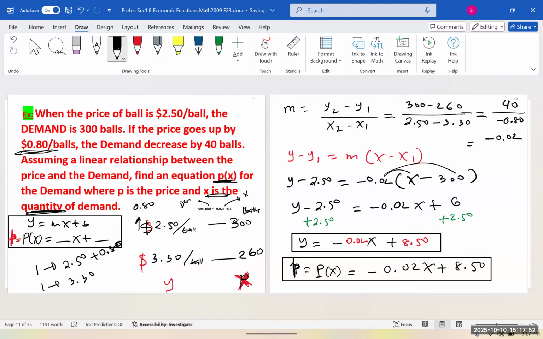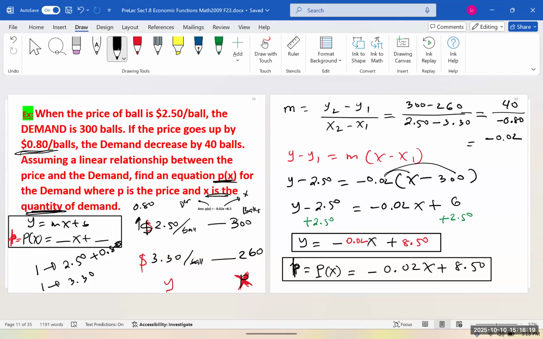Here? This 40 is the quantity. When you increase the price by 80 cents, your demand is going down by 40 balls. So for $2.50, you're willing to buy 300 balls. Now the seller increased the price to $3.30, so you're buying 40 balls less. So how many balls are you buying?